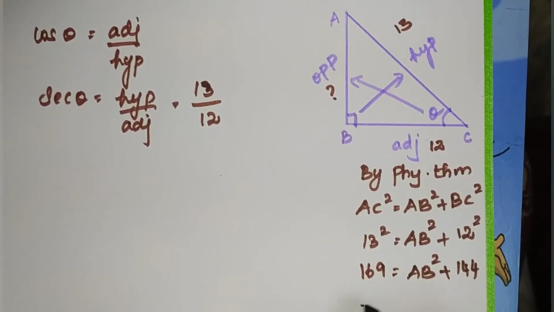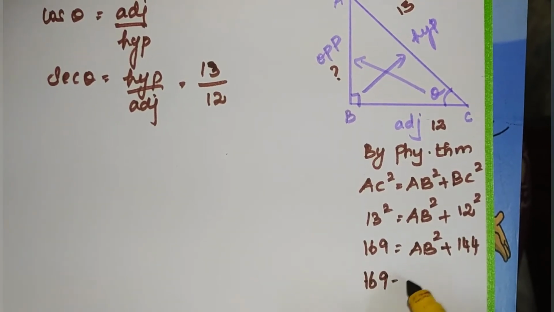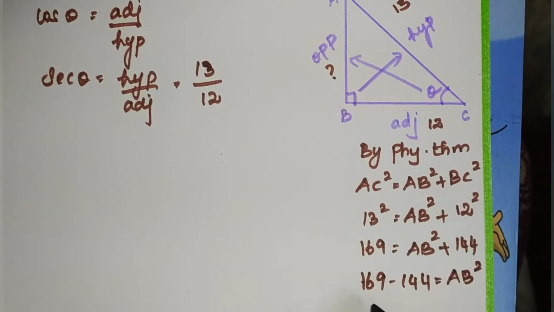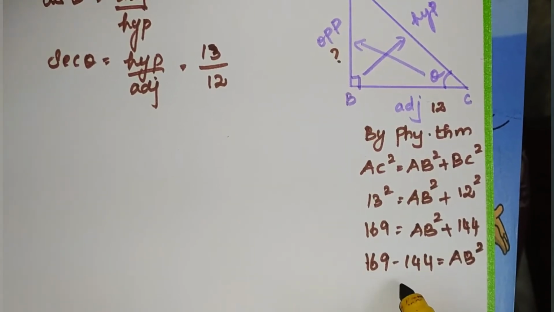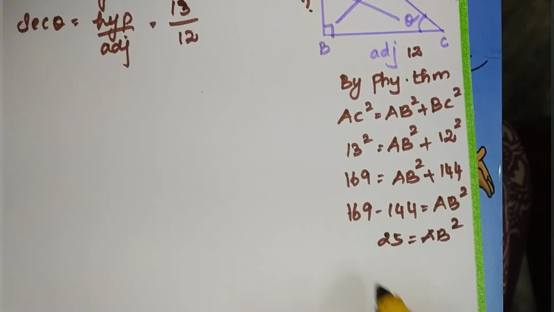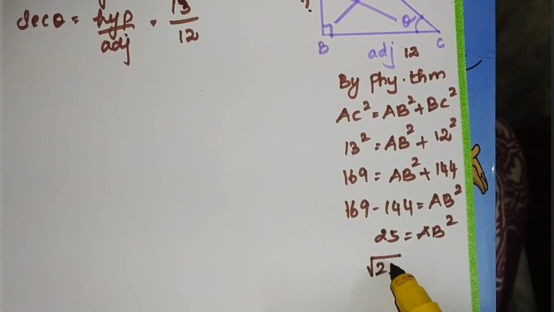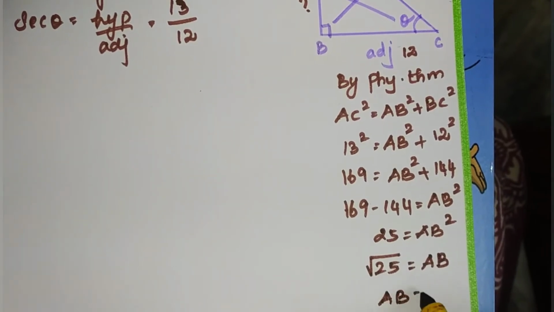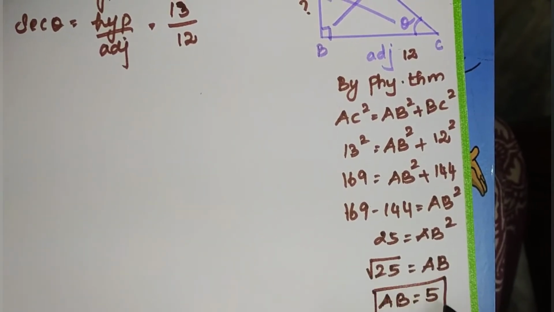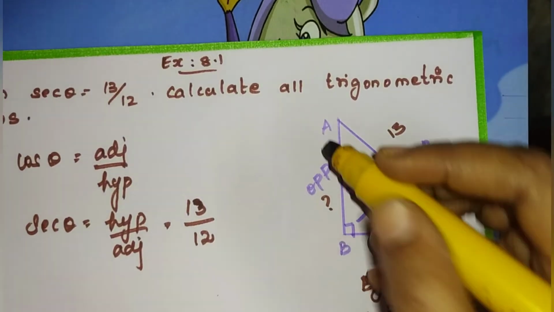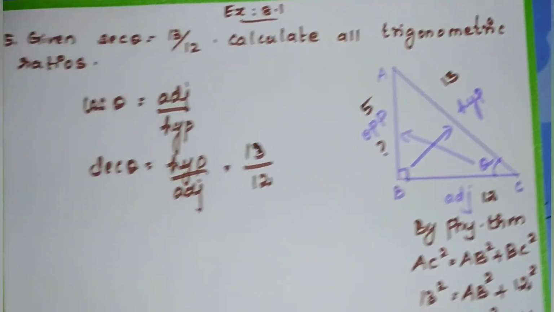Shift 144 to the left hand side. 169 minus 144 is equal to AB square. If you subtract, you get 25. Shift the square, root 25 is equal to AB. So AB is equal to 5, that is, the opposite side is 5.